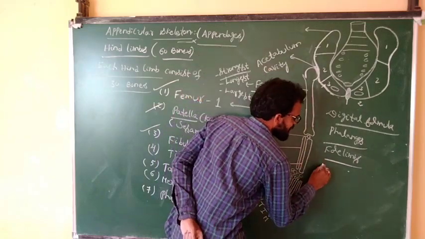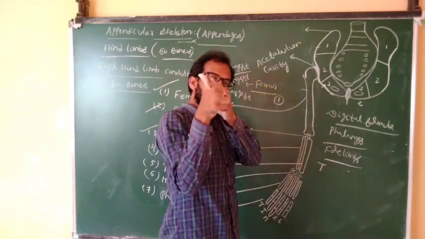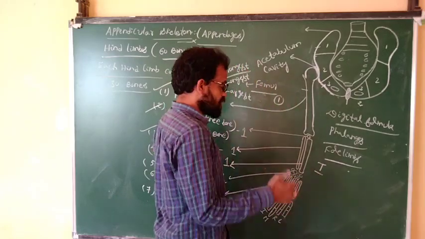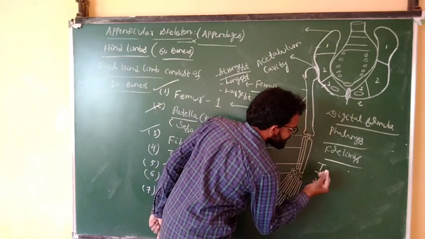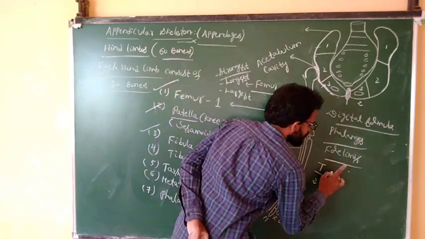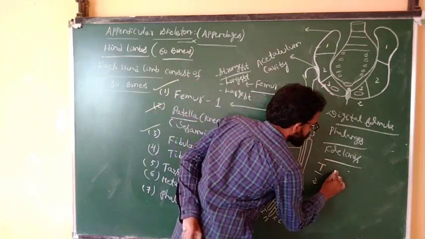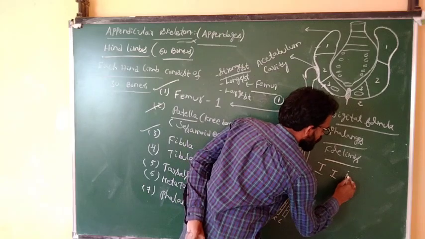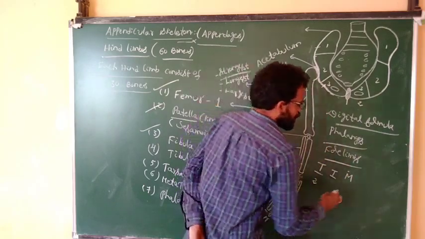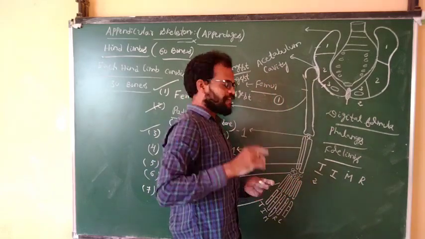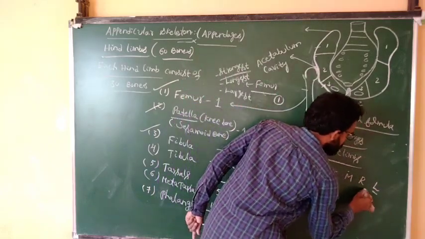First one is nothing but the thumb. How many digits does the thumb consist of? The thumb consists of 2 digits. Next one is the index finger, then the middle finger, the ring finger, and the little finger.